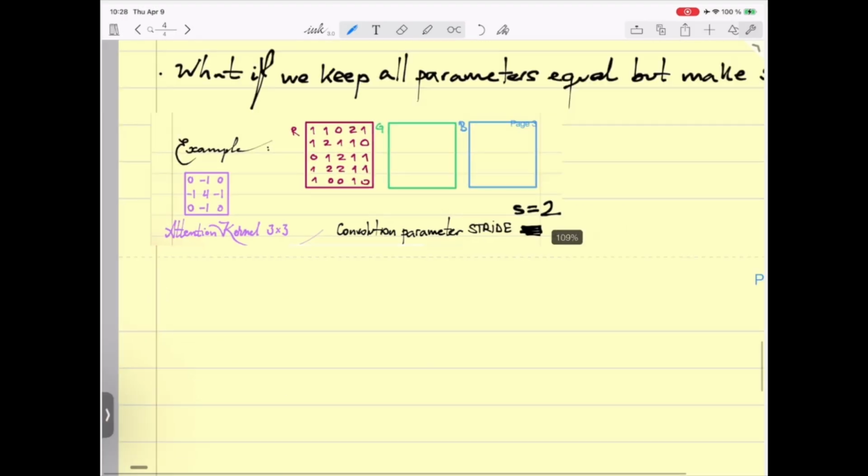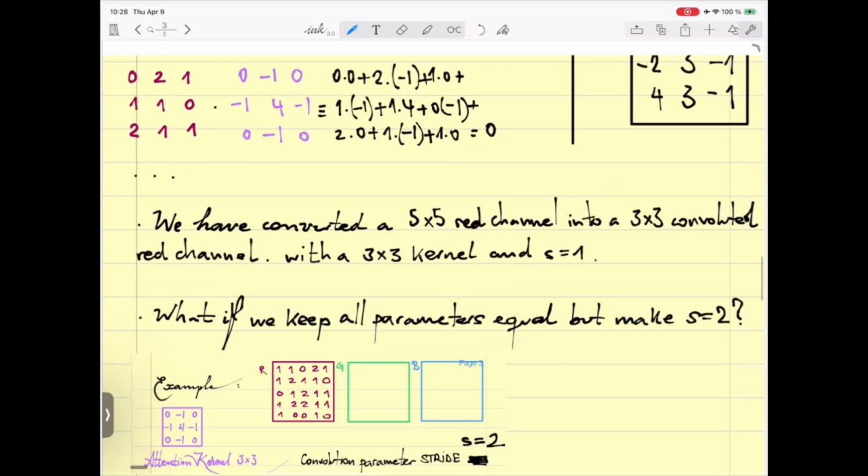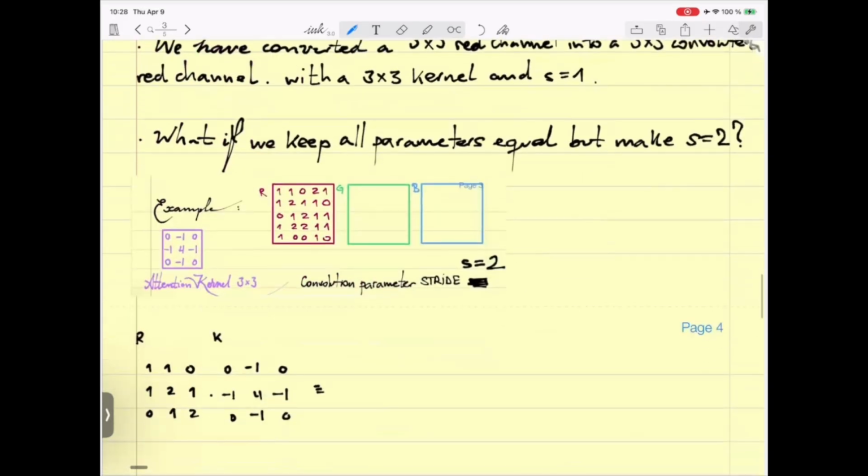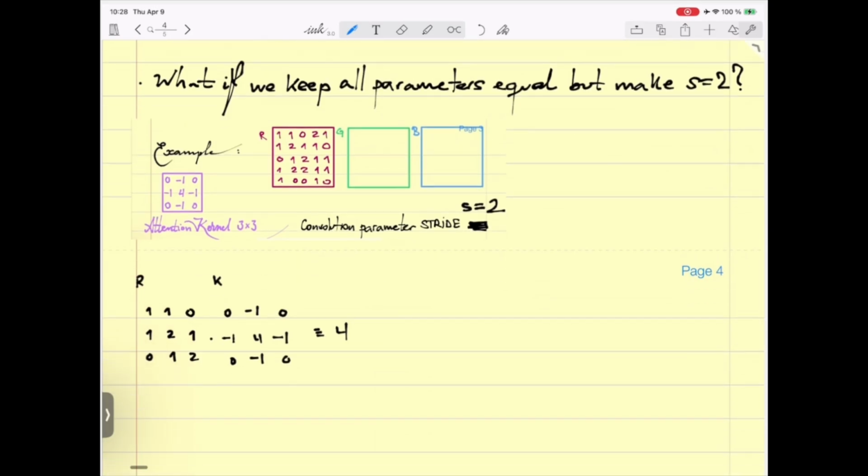We get here the value 4. And then we jump to 1, 1, 0 to 1, 1.